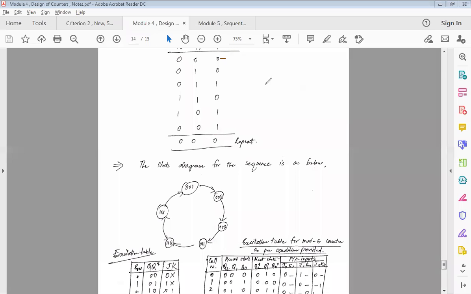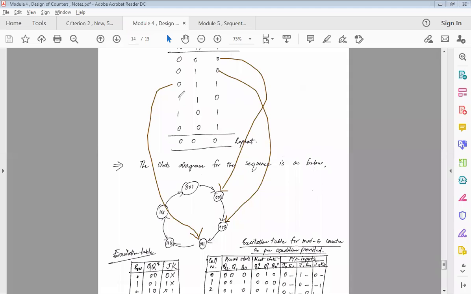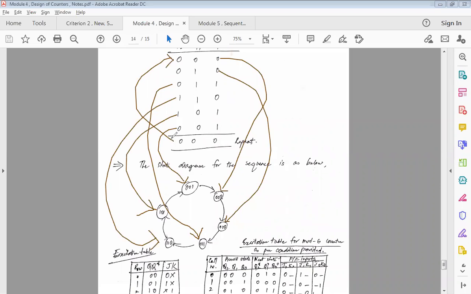So this is my first state, then second, third, fifth, then going with 0, 0, 1. And after everything, again, what is happening? It is going back to the initial state. These two are the same, right? So I can connect this back to 000. So you should be able to get a state diagram.